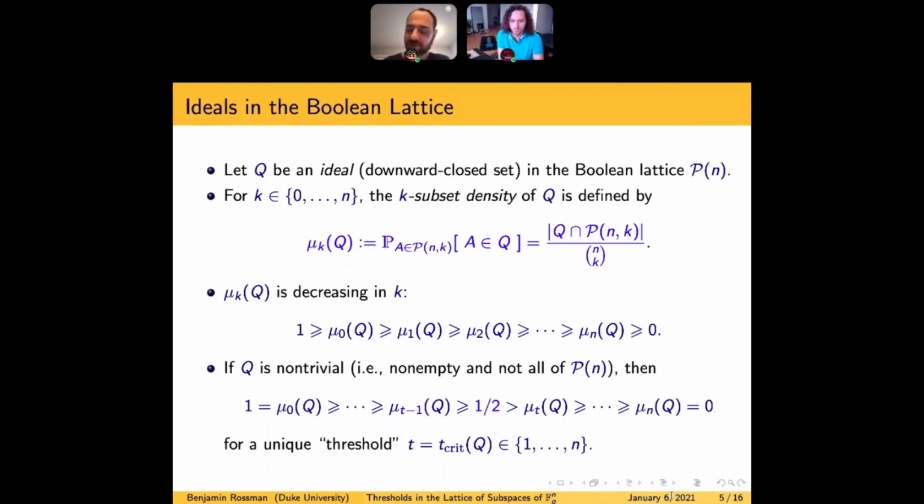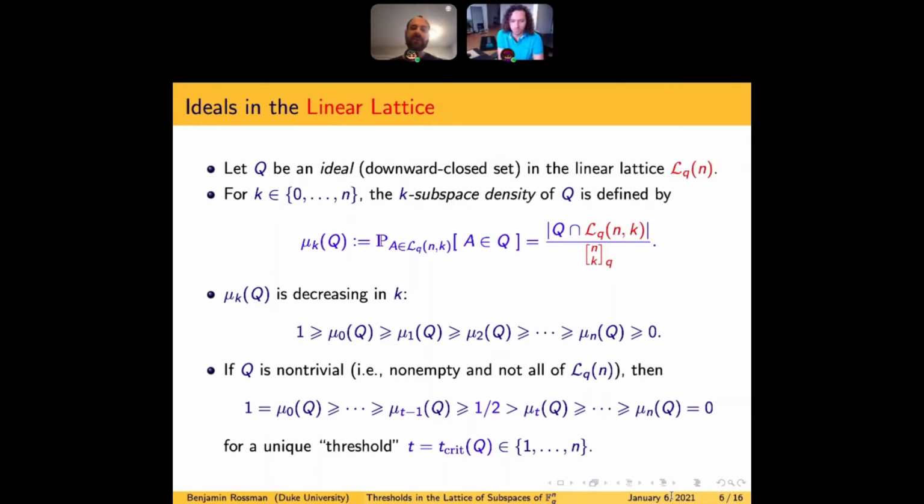So this passes from above to below 1/2 at some point T. In the linear lattice L_q^n, we define everything in exactly the same way, except now we're looking at the densities of k-dimensional subspaces, and instead of the binomial coefficient we have the q-binomial coefficient, which I'll define. Once again, it's easy to show that these densities are decreasing in k, and of course there's some threshold for every non-trivial property.